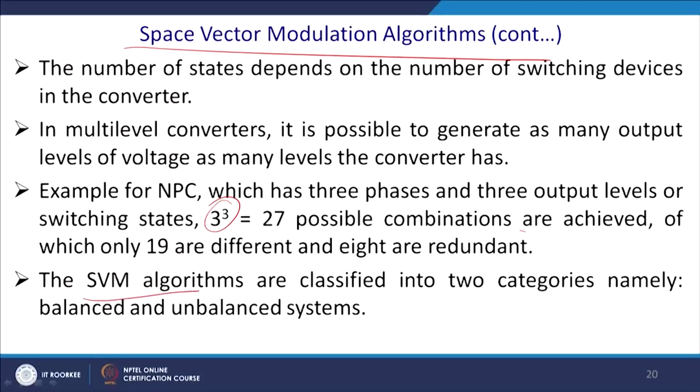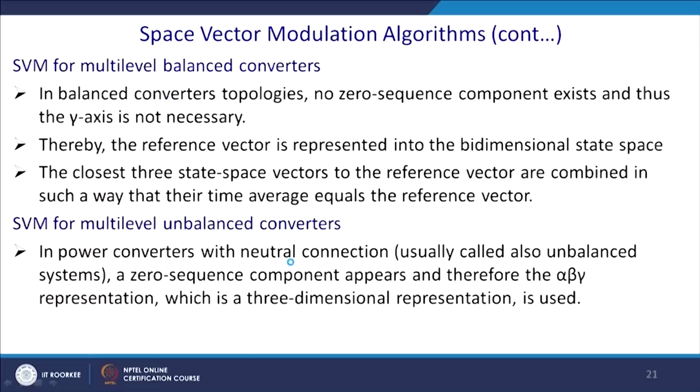The SVM algorithms are classified into 2 categories, namely balanced and unbalanced systems. SVM for the multi-level balanced converter, that is for the balanced converter topologies, has no zero sequence component. If you have a 3-phase system with a non-zero sequence component, then you have another axis instead of alpha beta.